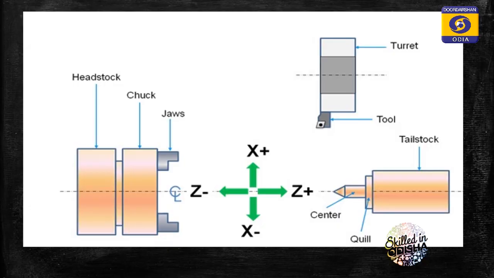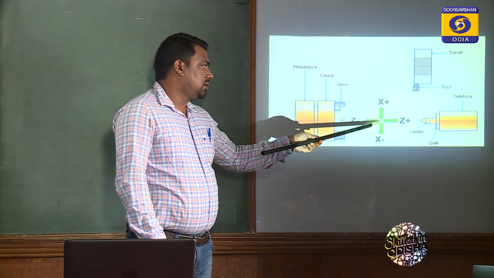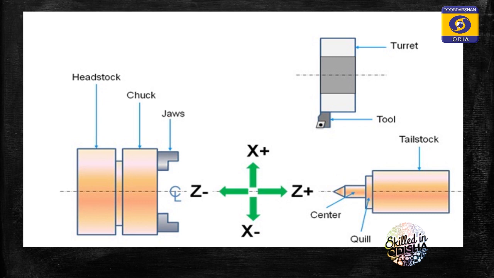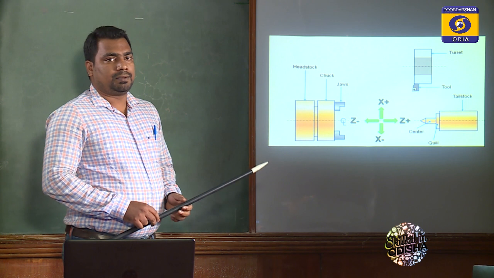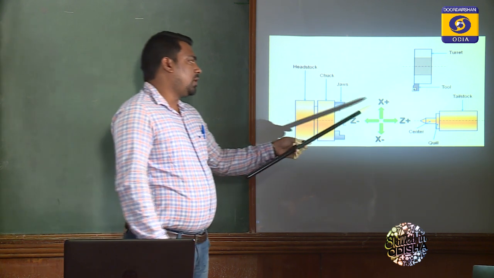This point we define as the floating point. We set this point as 0 0 point, 0 in the Z axis and 0 in the X axis, by a process of offsetting.